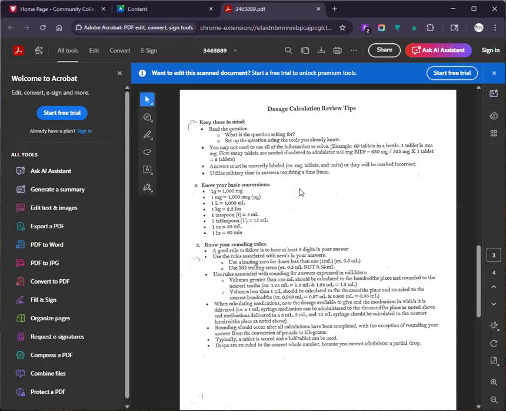They just misread the question because they didn't take the time to pause, read the question, and make sure you're answering what it's asking you to answer. So if it's asking you how many tablets, don't give your answer in milligrams. Make sure you know to answer in tablets. If it's milliliters, and all those things will be given to you. You'll see examples of that in just a little bit.